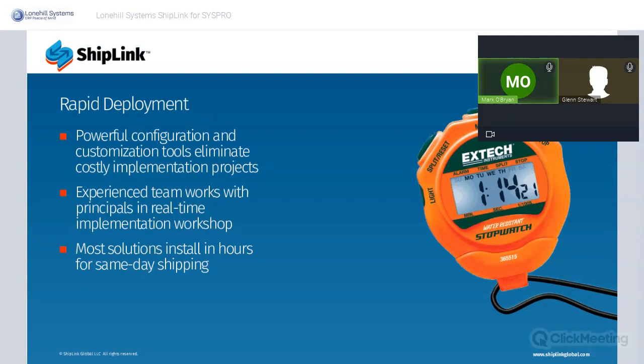ShipLink's also a rapid deployment solution. As I mentioned earlier, our administration tools provide us the ability to very quickly and easily configure and customize the solution. That, as mentioned earlier, eliminates the time and cost involved with typically long implementation processes, particularly with shipping solutions.